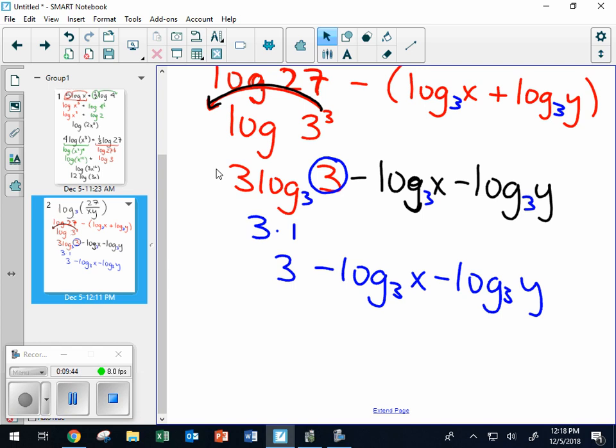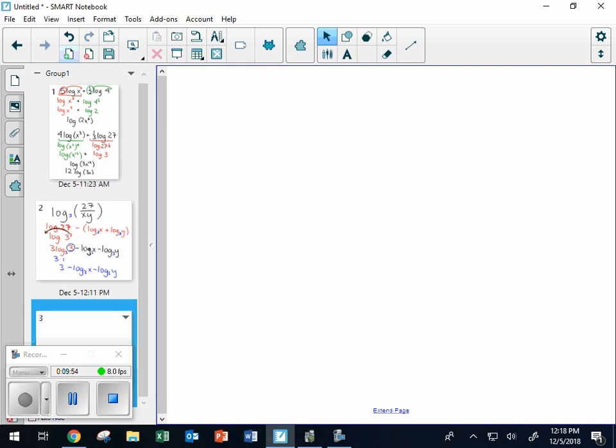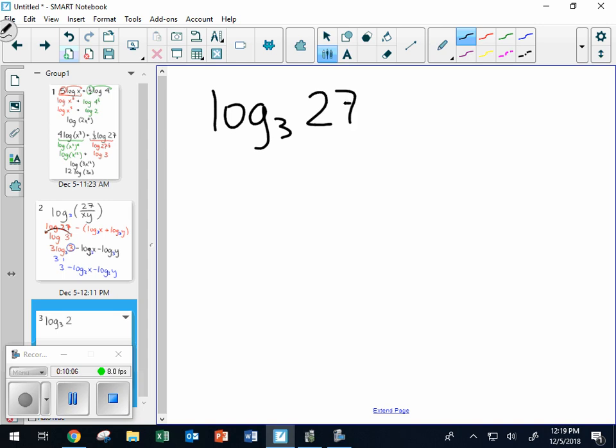So this was a little bit more of using the properties of our logarithms in order to expand and condense different problems here. But I want to go back to what we just talked about with if you had, for example, what we had before, log base 3 of 27.